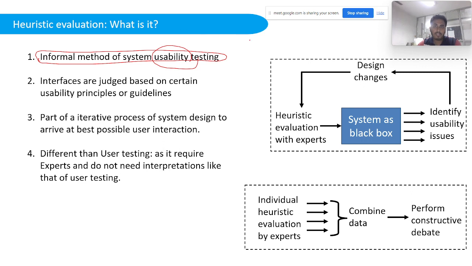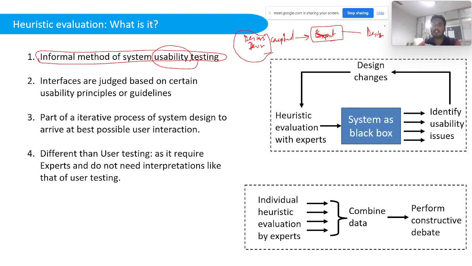So the team of designers or developers have their conceptual model, and then they give it to some experts, and the experts do a heuristic evaluation. The team developing the interface or the interaction tries to see what the experts' feedback will be on the particular design.